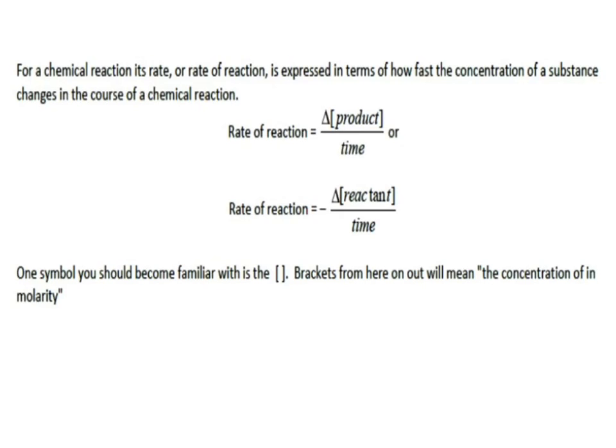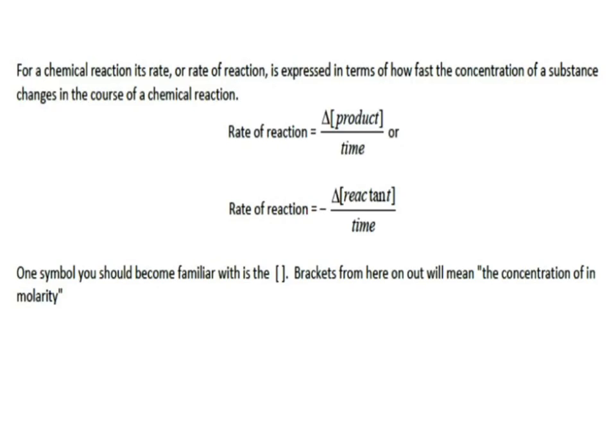All right, so for a chemical reaction, its rate, or rate of reaction, is expressed in terms of how fast the concentration of a substance changes in the course of a chemical reaction. So for the rate of a car, how would you determine the rate of a car? Speed. How? Distance over time.